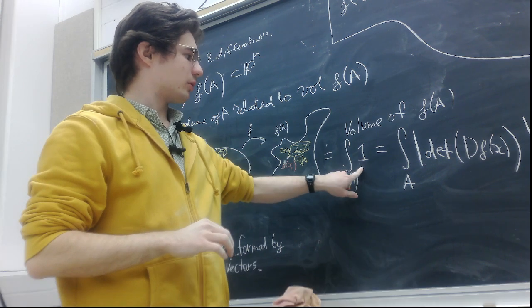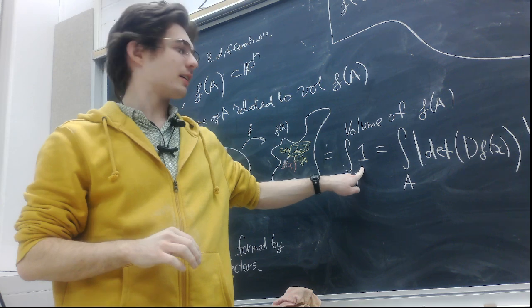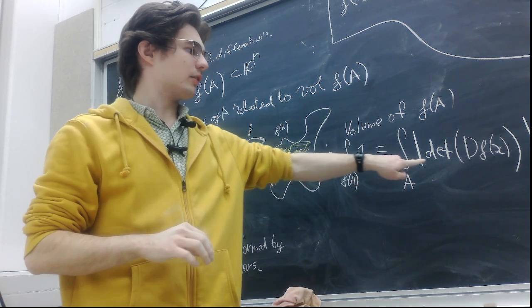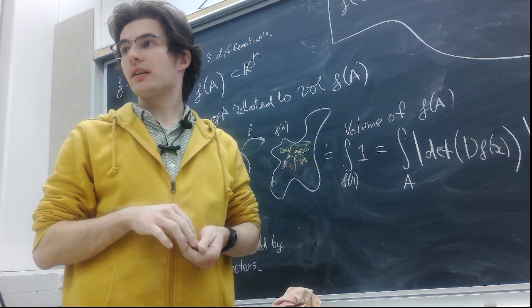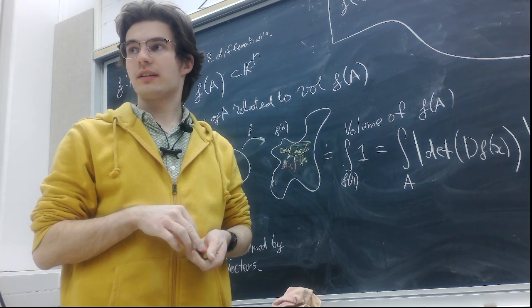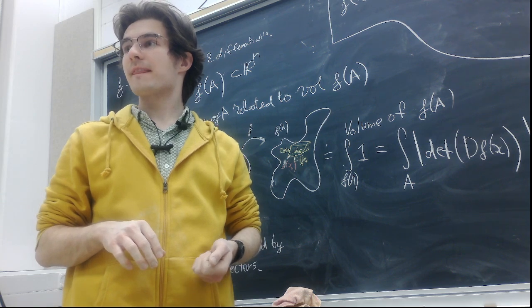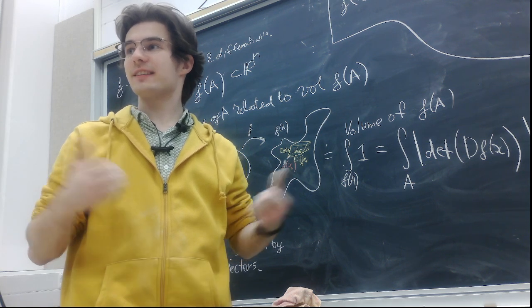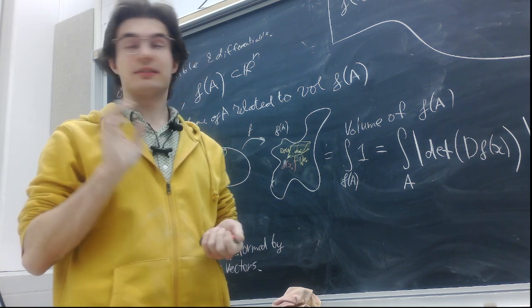Do I need absolute value signs around the number 1? If I take an integral of a positive thing, I'll always have something positive. It's an integral of a constant function 1.